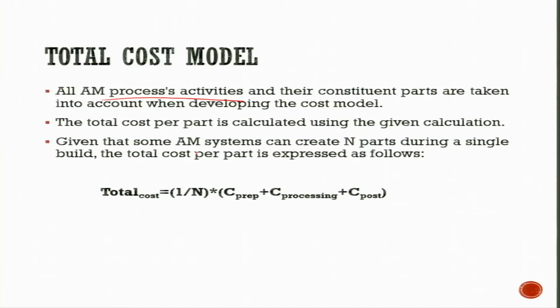Given that some additive manufacturing systems can create n parts during a single build, the total cost per part is expressed as this: total cost is equal to 1 by n, where n is the total number of pieces that could be produced during a single build, and C prep is the cost of preparation, C processing is the cost of processing and C post is the cost of the post-processing. So preparation means pre-processing, processing and post-processing, 3 parts of the cost.